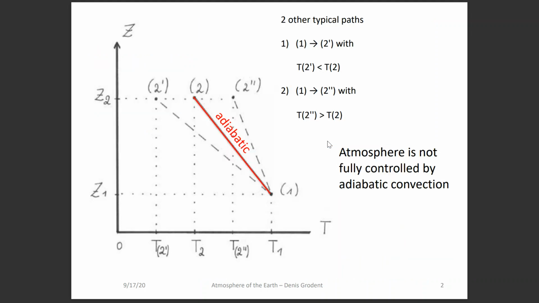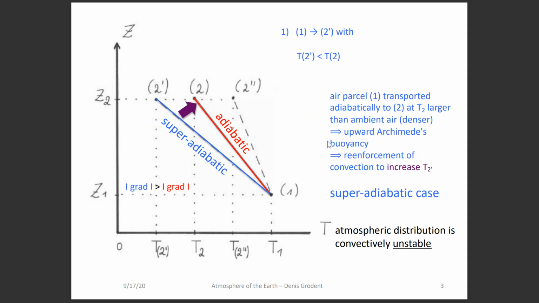In reality, the atmosphere is not fully controlled by adiabatic convection. What we can explain here is that if we assume the atmosphere cooled down a bit too fast, we went from T1 to T2 prime.